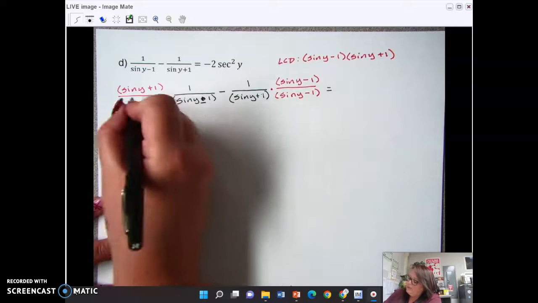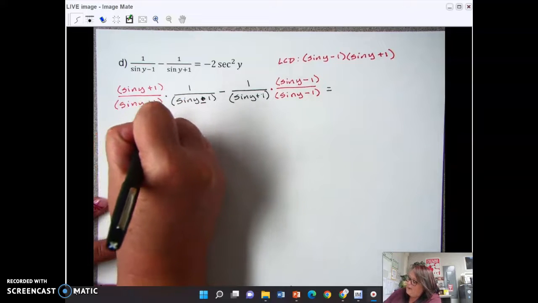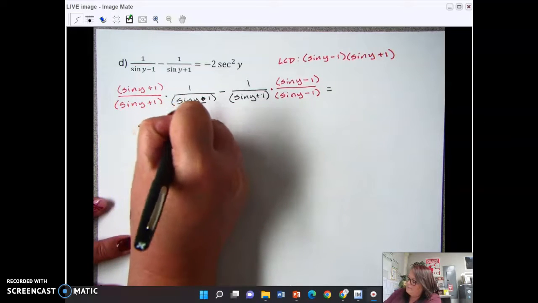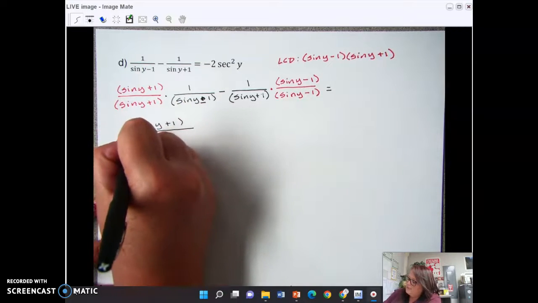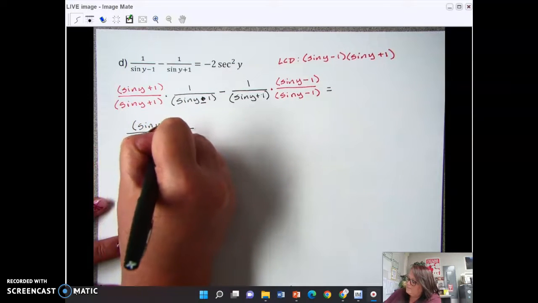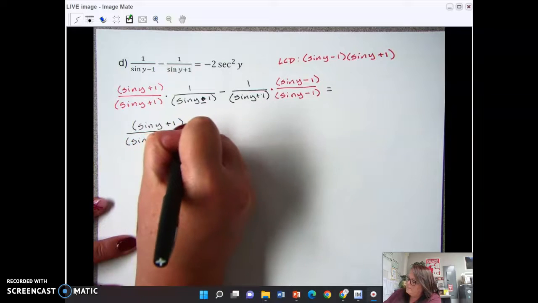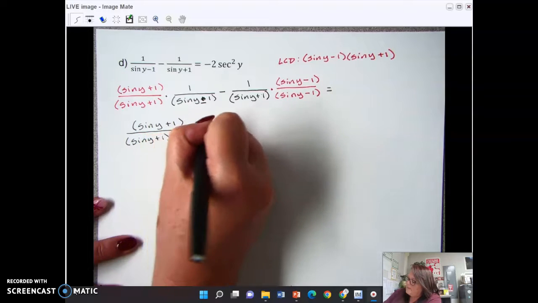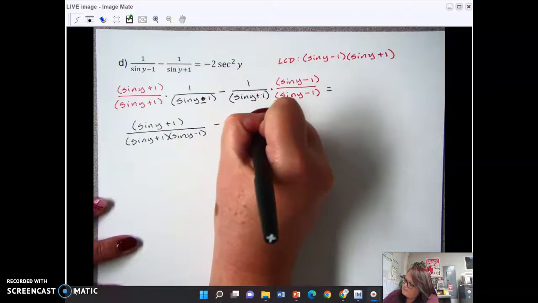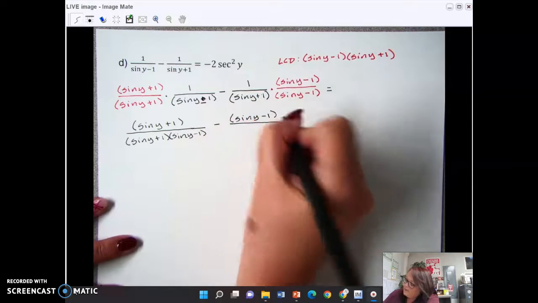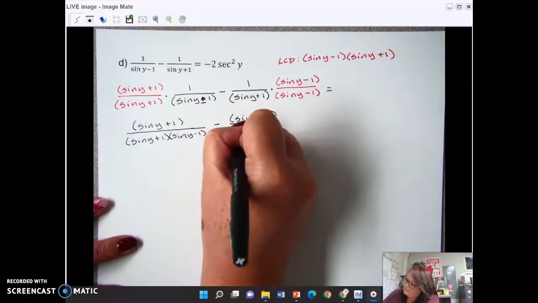So when I do that, my numerator here is the sine of y plus 1. And then my denominator is the LCD. And then over here, my numerator is sine of y minus 1. And my denominator is the LCD.